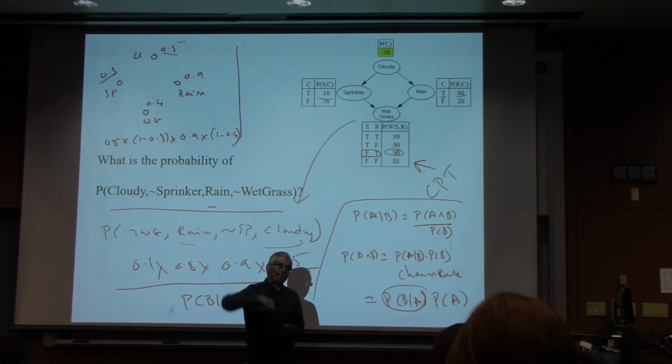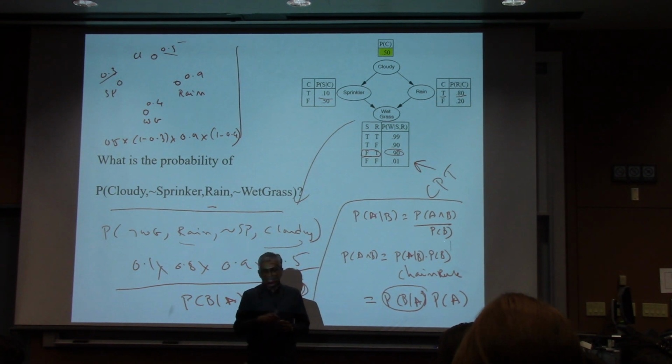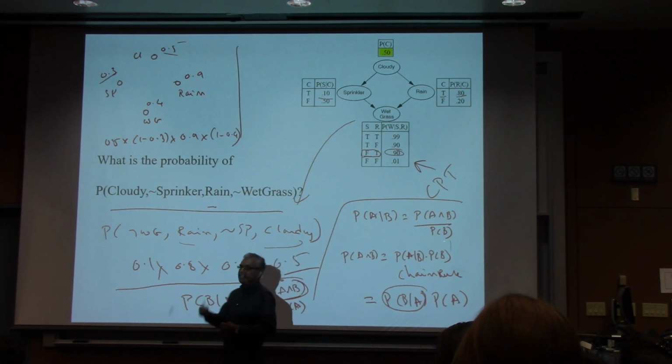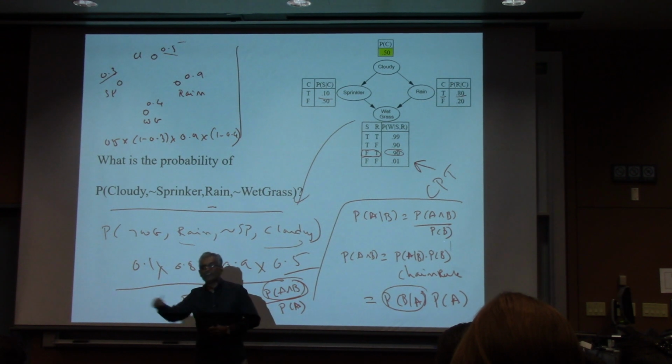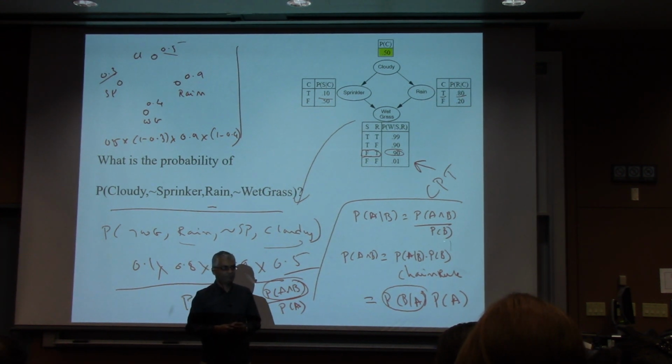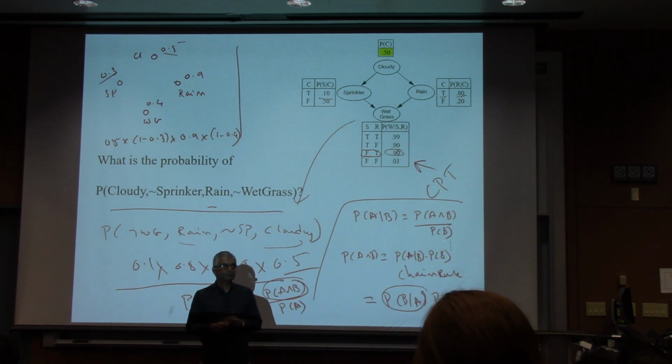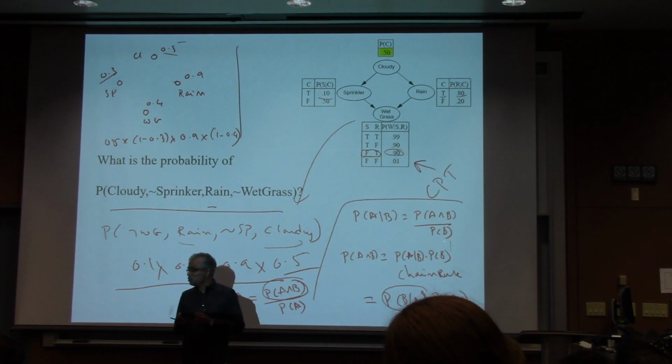Medical textbooks are written the other way around. They are written in terms of the probability that you will have a symptom given that you have this disease. So what do medical doctors do? They go inside the room and use the Bayes rule. Come back and charge you $150. That's what Bayes' rule basically tells you.